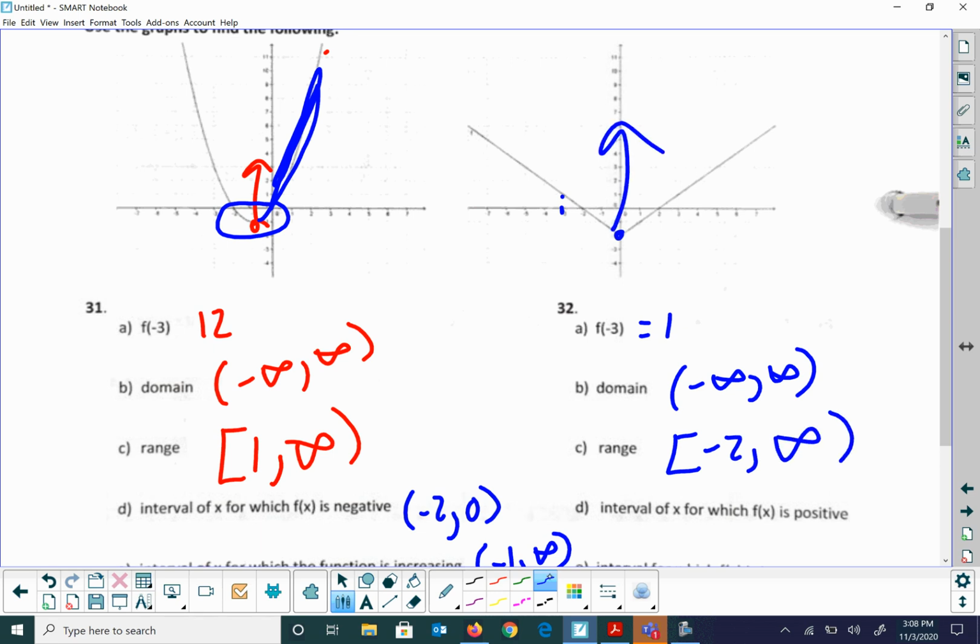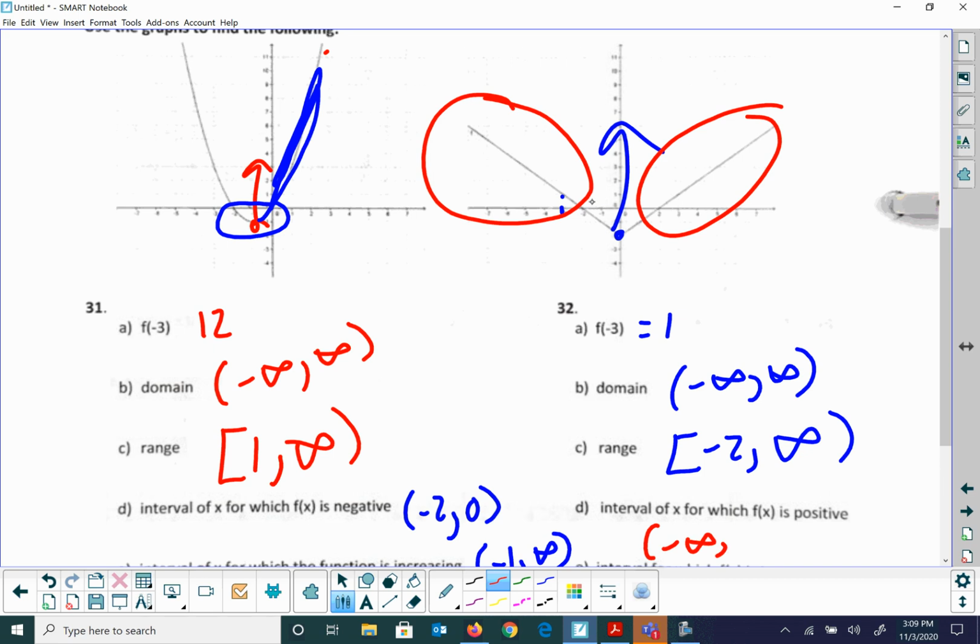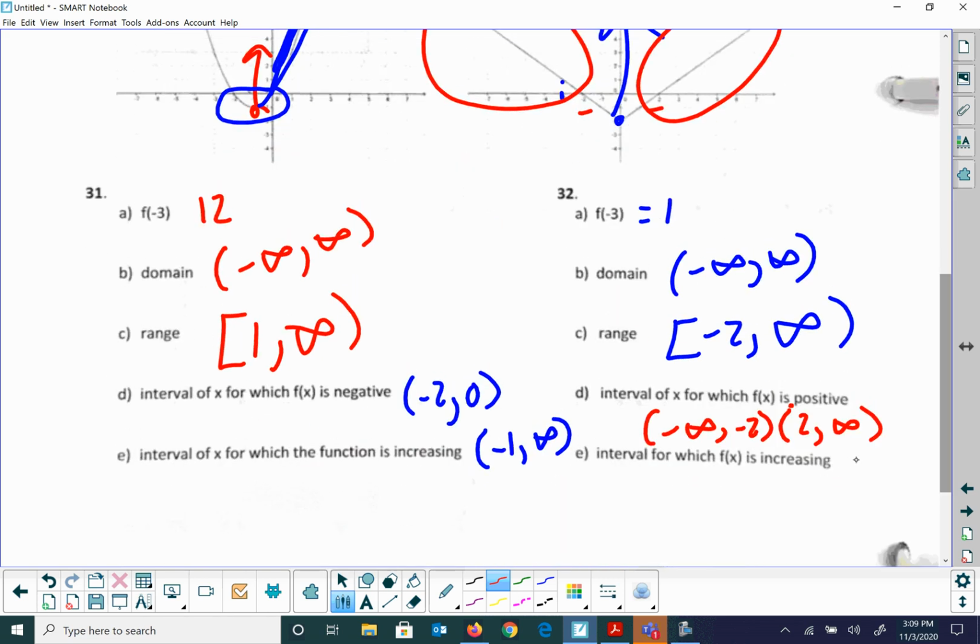The interval for where it's positive, so it's positive there and there, where it's above the x-axis, so that's negative infinity to -2, and then from 2 to infinity. That's where it's above the x-axis. And where is this increasing? The increasing was over here, so it was increasing from 0 to infinity.